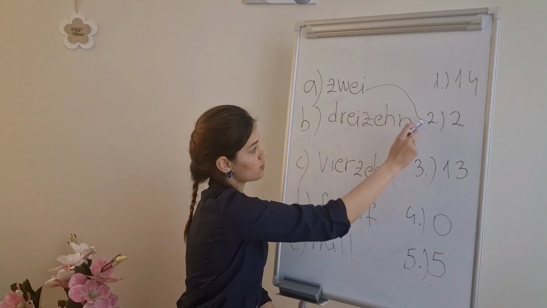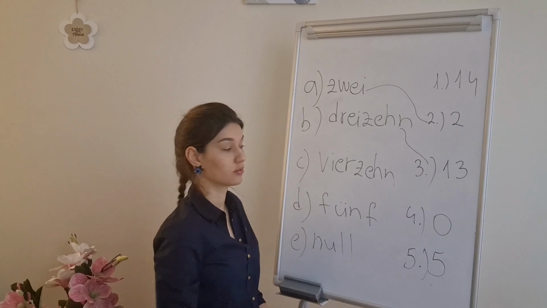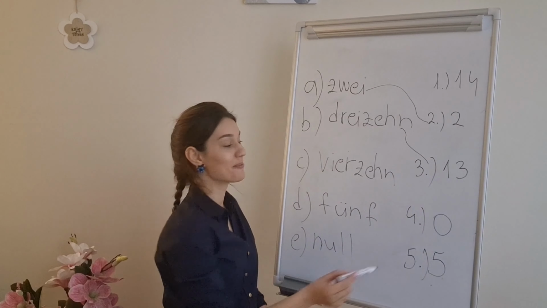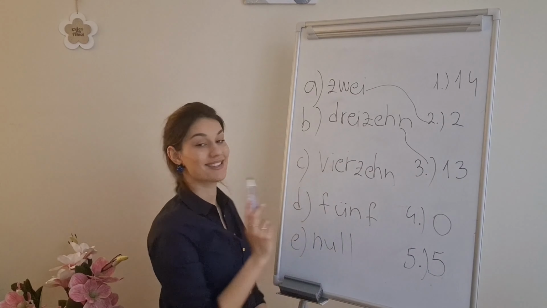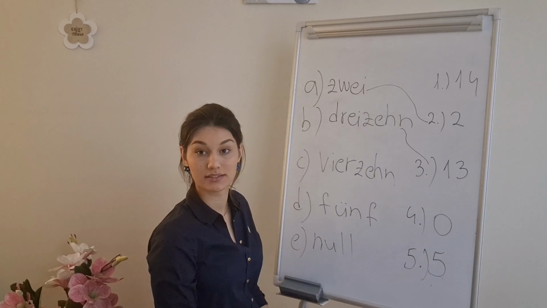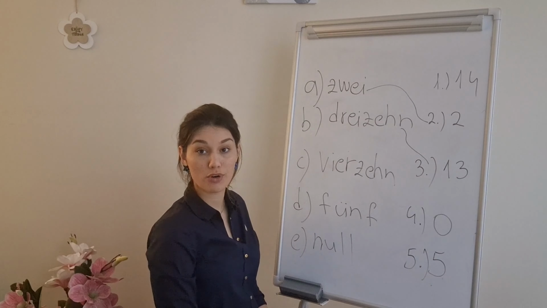The next one is dreizehn. What number is that? We are going to connect dreizehn with number 3. Or 13, but 3 is only the third number here. Vierzehn. Which number is that? That's number 14.